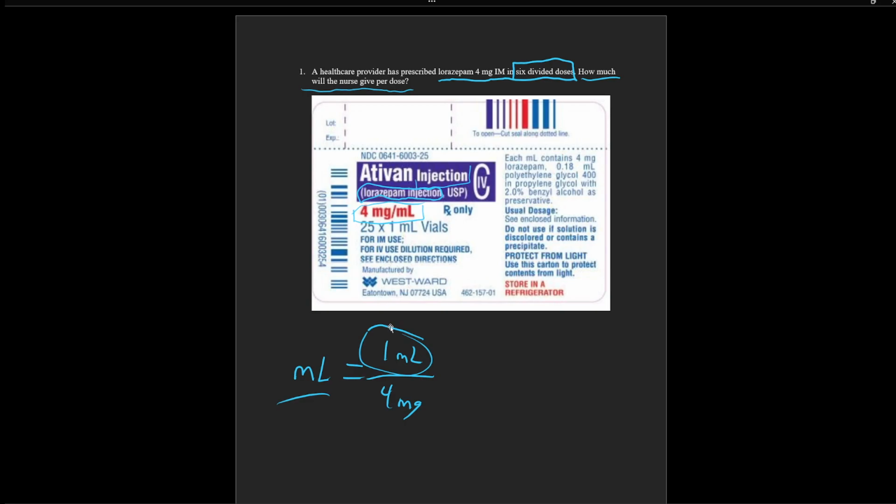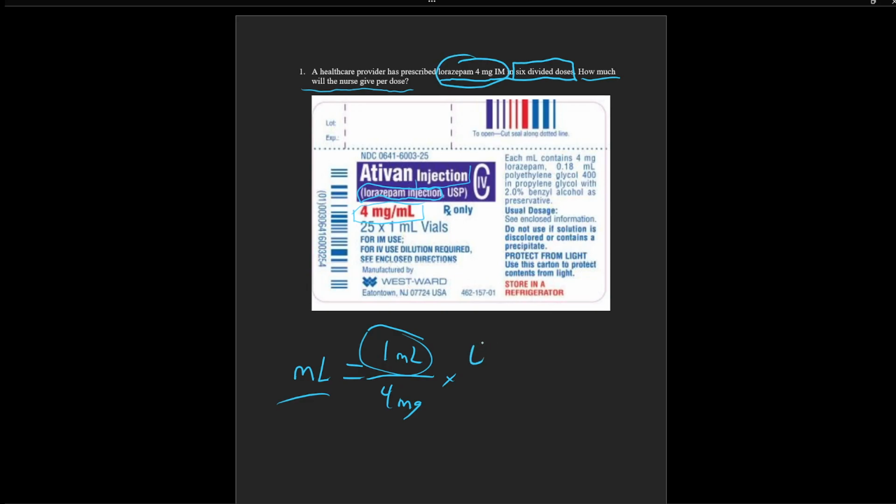So in order to cancel that out, we're going to set up another fraction. This is all multiplication. And if you've ever done high school chemistry or anything like that where you're converting, you've probably seen this before, so I don't want it to be too confusing for you. Now we have our order, and we know that in our order, which is up here, we have lorazepam 4 milligrams IM.